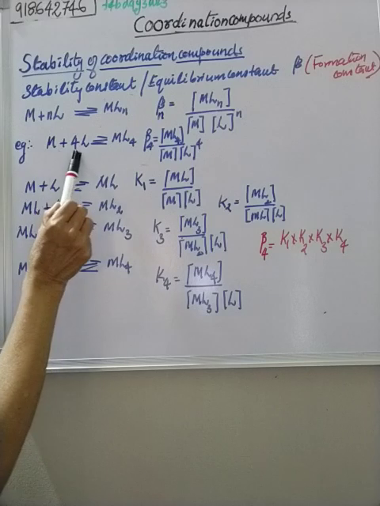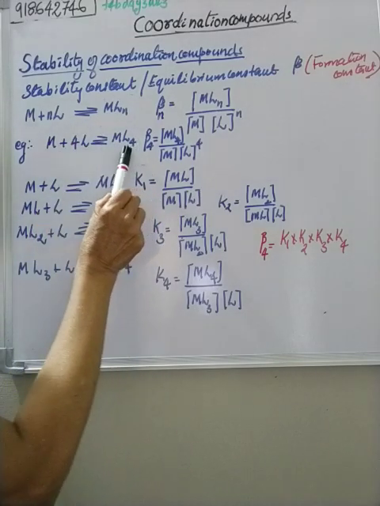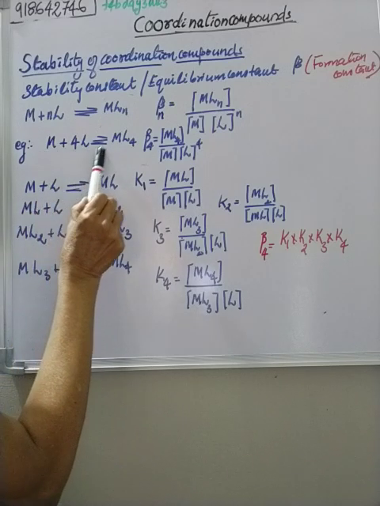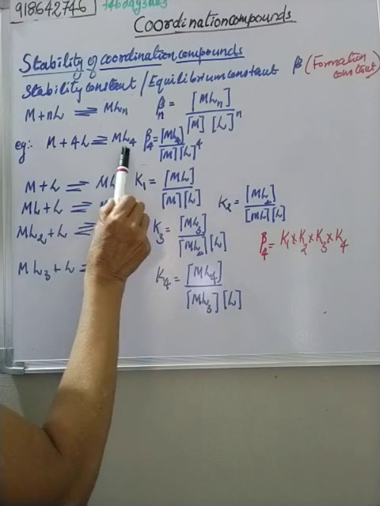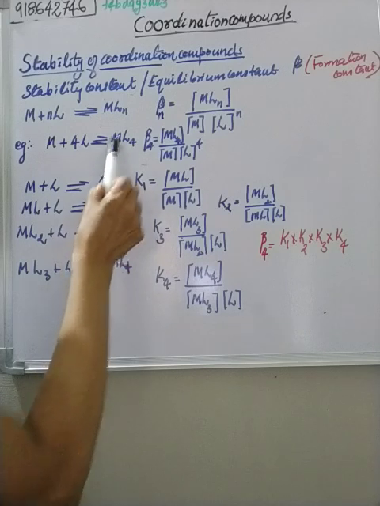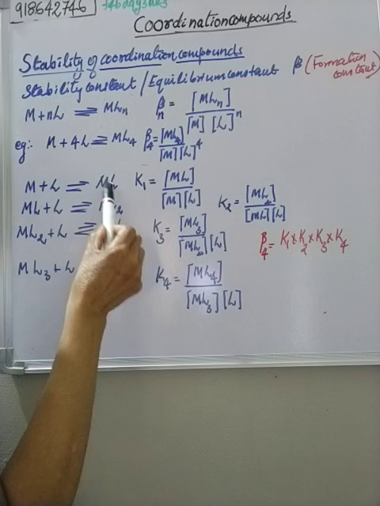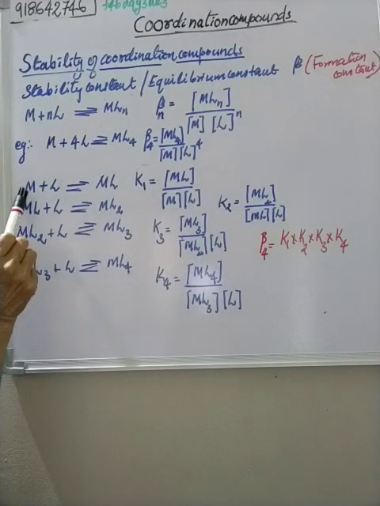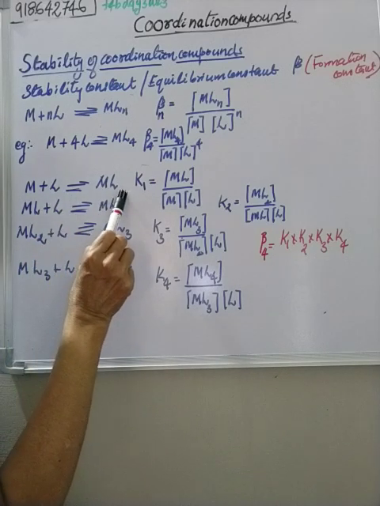Now if we consider a complex with 4 ligands, we can write the equation M plus 4L giving ML4. So this is the net reaction. Now this formation can be considered as taking place in 4 steps, or we can split this equilibrium into 4 steps, where in the first step M is combining with 1 ligand to form ML.